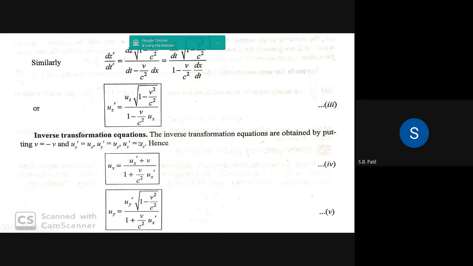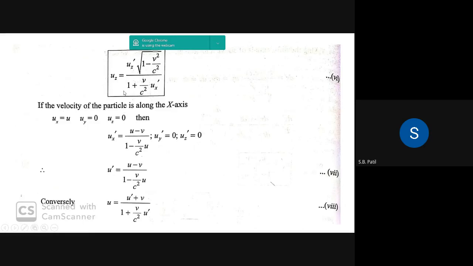So we got ux is equal to (ux prime + v) upon (1 + (v/c²) ux prime). In a similar way, uy is equal to uy prime into the square root of 1 minus v²/c² upon 1 plus (v/c²) ux prime, and uz is equal to uz prime into the square root of 1 minus v²/c² upon 1 plus (v/c²) ux prime.